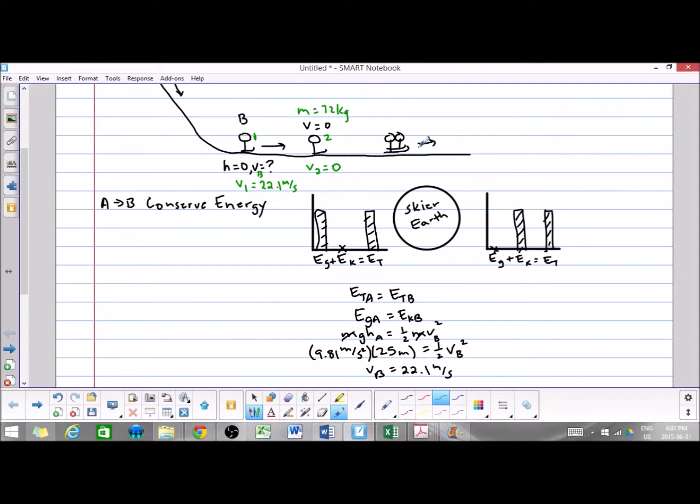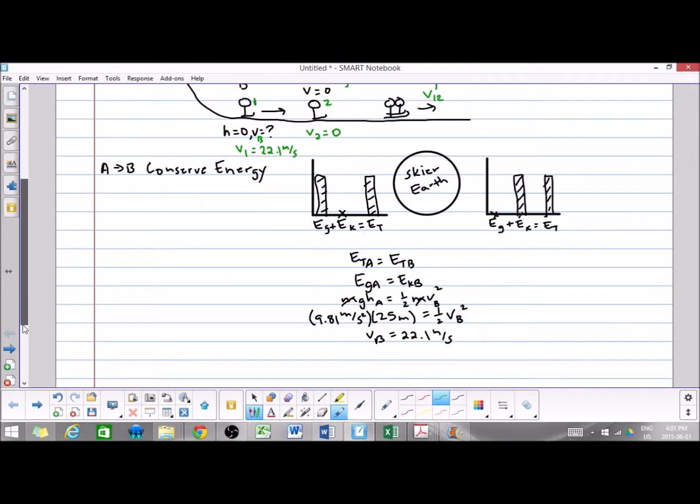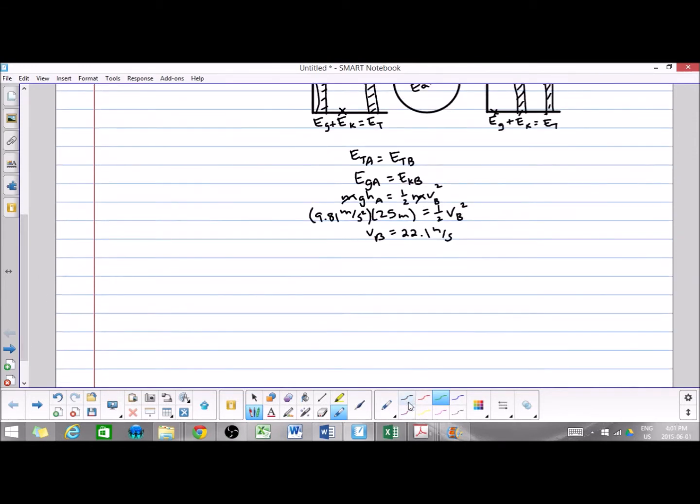Okay, and then they're going to move off together. Remember, they've joined together as one thing, and we will call their velocity together after the collision V12 prime. 1, 2 because they're together, and prime because it's after the collision. And let's call this point C, so that I can say that from B to C we will conserve momentum.